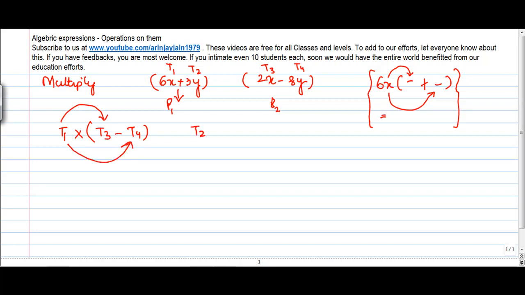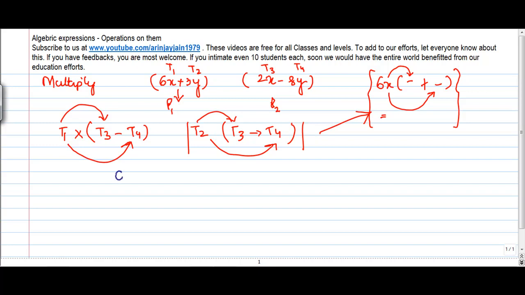Similarly, t2 has to be multiplied by t3 and t4. The signs which come in, we know how to do this multiplication. We just did it in some of the earlier examples, and accordingly put in the signs. Now let's apply this logic to the present one.